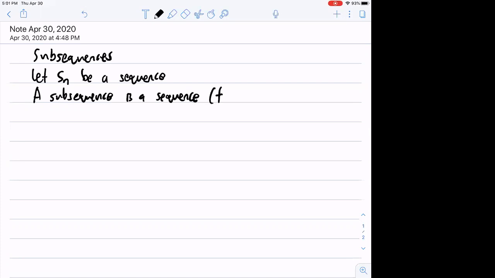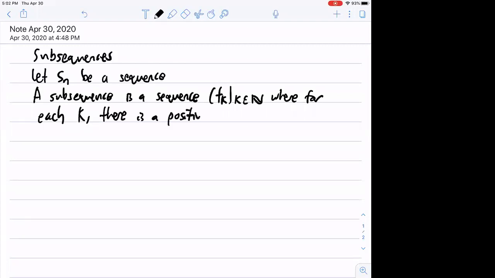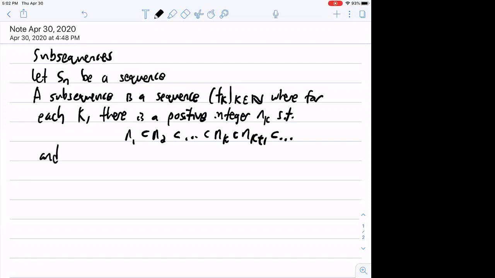They write T_k, but really it should be S_{n_k}, where for each k, there is a positive integer n_k such that n1 < n2 < ... < nk < n_{k+1}. I'll explain what this part is. I wouldn't worry about it too much. I'll tell you why we need that part.